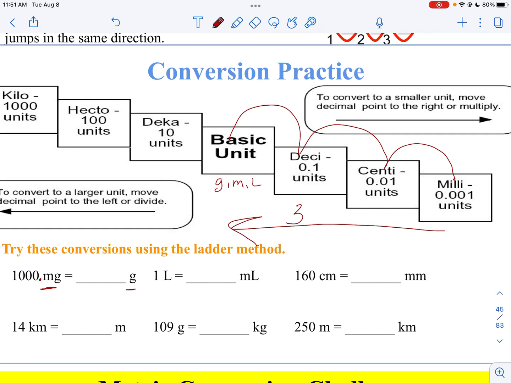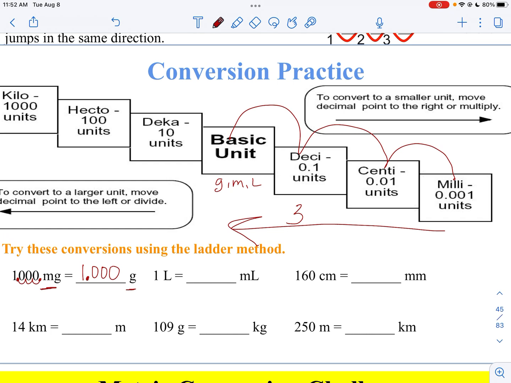Remember, our decimal's at the end. We just can't see it. So I'm going to do 3 steps. 1, 2, 3. So now my new decimal is right there. So I can rewrite my number as 1.000 grams, or 1 gram.